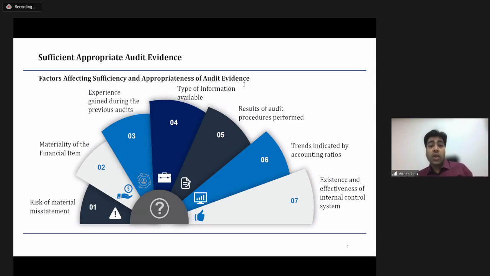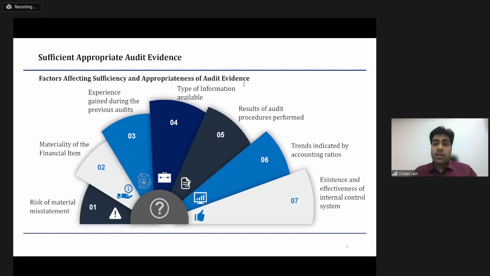We would start looking into those discrepancies and try to identify those particular expenses which were substantially high as compared to the previous year. We'll try to analyze the variances. So that's how trends indicated by the accounting ratios help us to identify the discrepancies and variances, and then eventually we can collect sufficient and appropriate audit evidence, particularly pertaining to those areas, and then document it in our audit file.